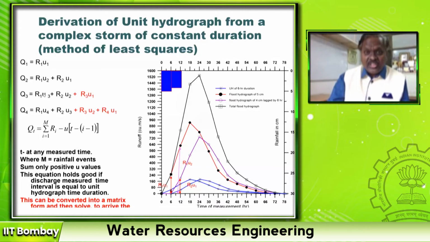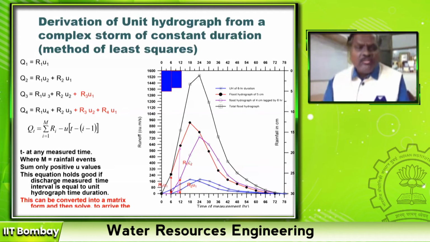Whereas the second discharge, Q2, in my flood hydrograph is due to the first rainfall, but with ordinate U2 of my unit hydrograph, and also due to the second rainfall with U1. When I add these, that will be my second discharge. For the third discharge, if I have another rainfall, that is why I gave it red color. In this case I have drawn only two rainfalls.